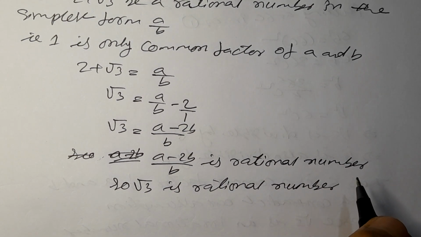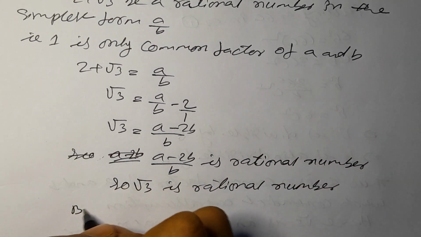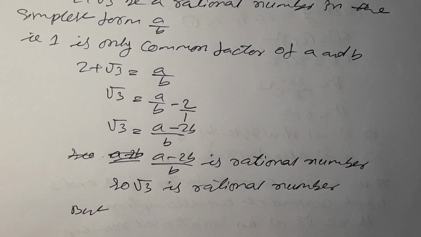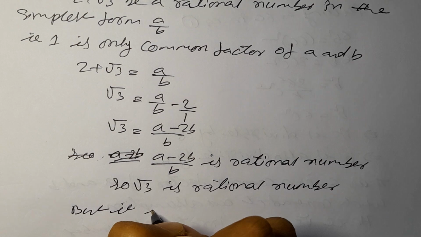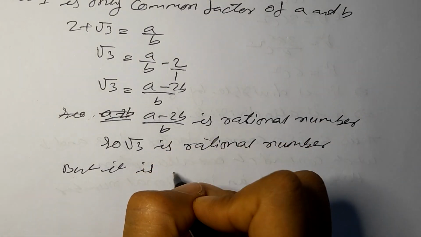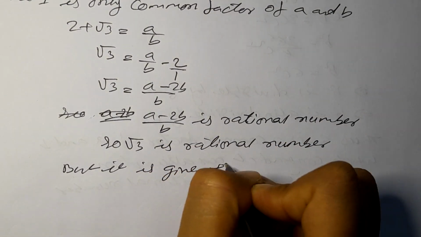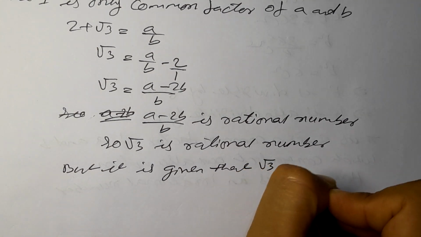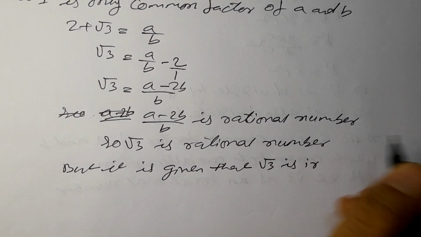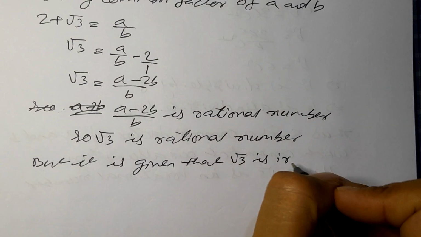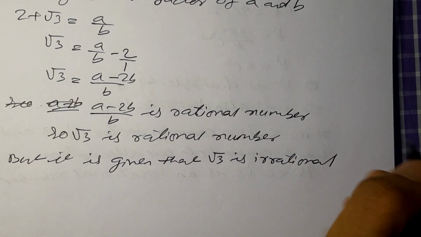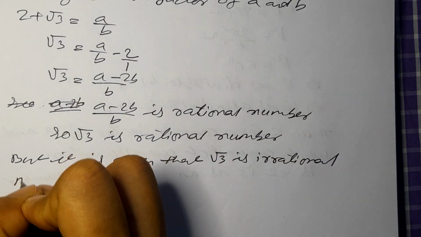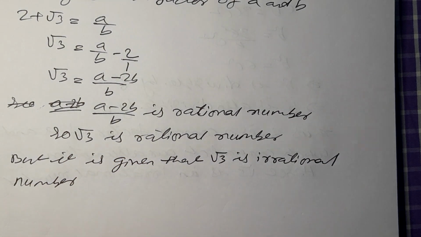But it is given that root 3 is an irrational number. It's already given in the question, but even if it is not given, we know that root 3 is an irrational number.